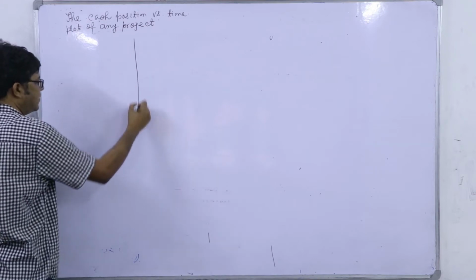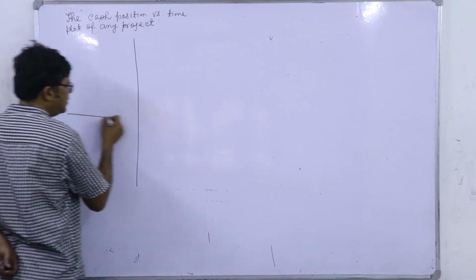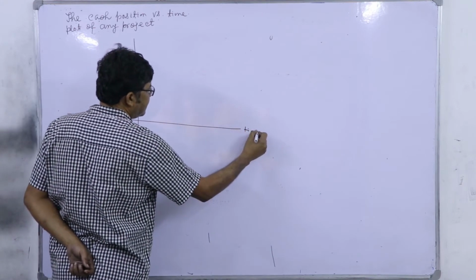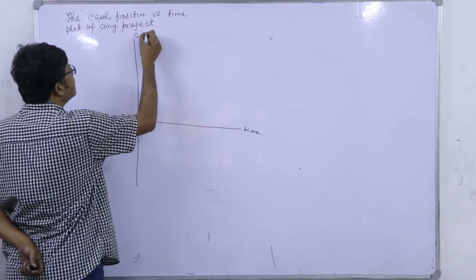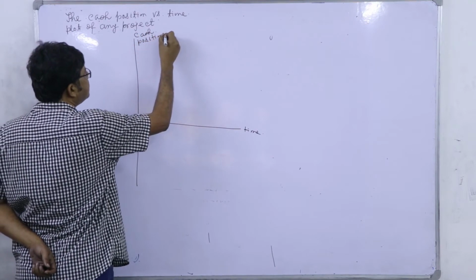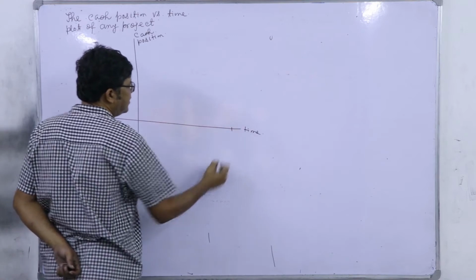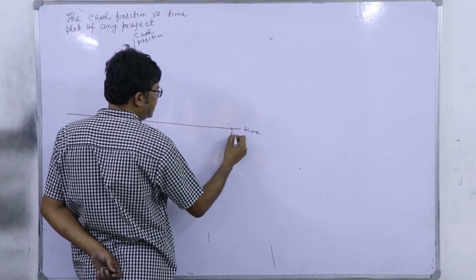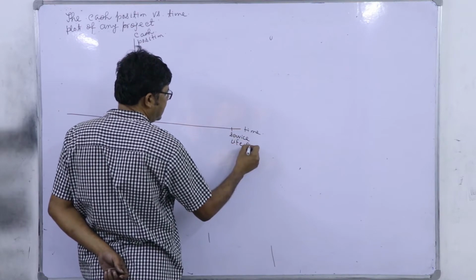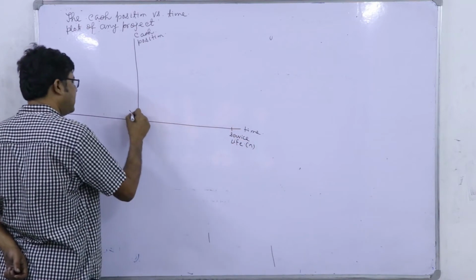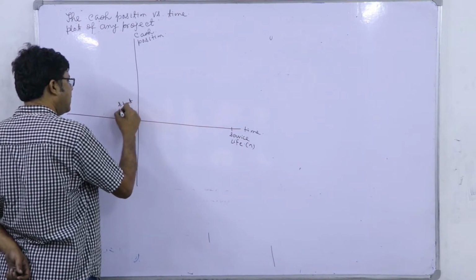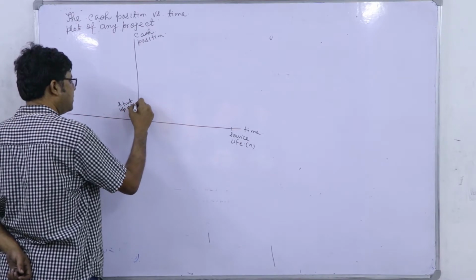On the y-axis we plot the cash position, and on the x-axis we plot time. This is, say, the service life N, and here the startup of production, not the project.